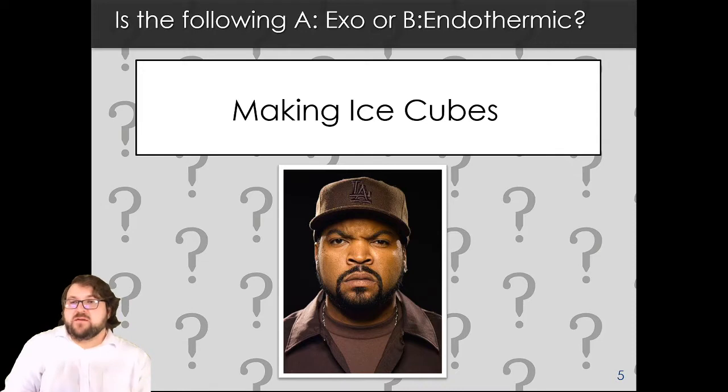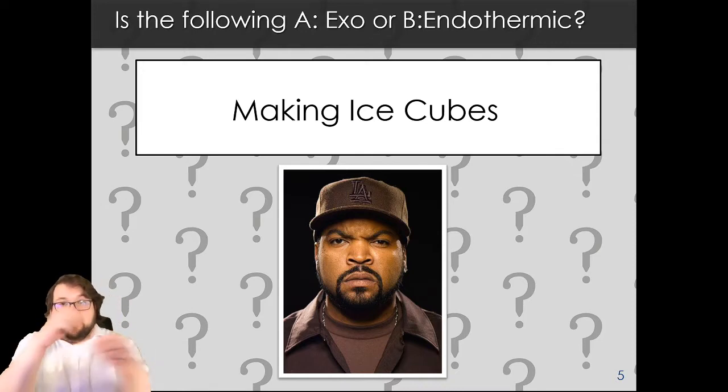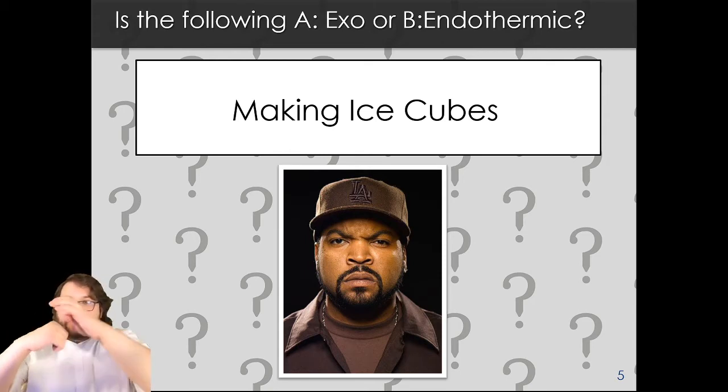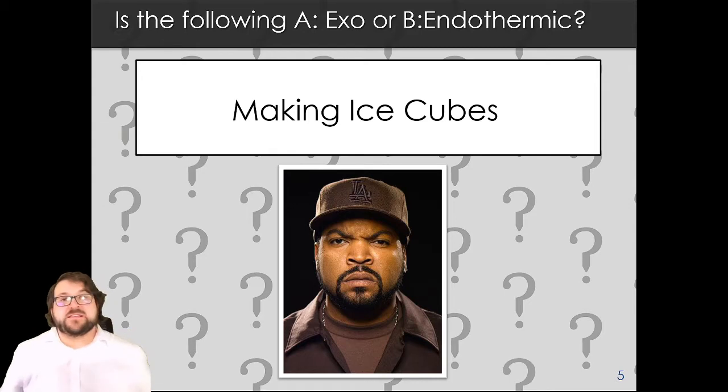In so doing, we remove enough energy from the water molecules to make them stop moving around. You remember we mentioned that the more heat they have, the more they move around. Well, when we cool them down in a freezer, they stop moving for long enough to start making those links and becoming a solid. So this is an exothermic reaction. Yes, it has to give out heat in order to make that change.